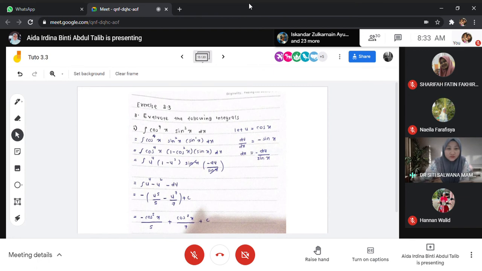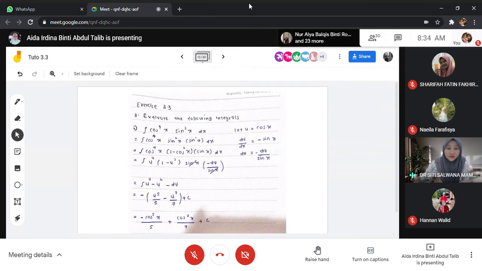Okay, so how can you pick u? You tengok function u, the first, second, third. Okay, third line ni you ada cos to the power of 4 and then you ada cos square and then you ada sine. Okay, so kita pick cos lah. So that bila you differentiate cos, okay, kita boleh eliminate sin x dx ni lah.